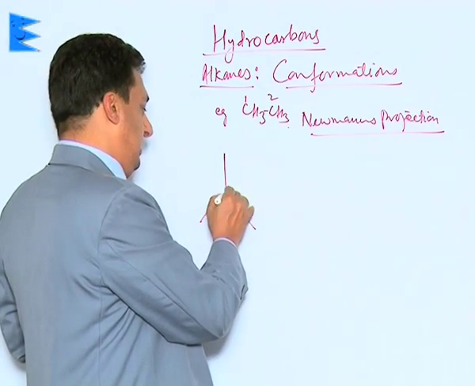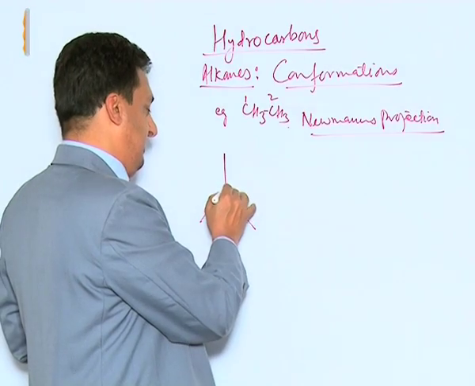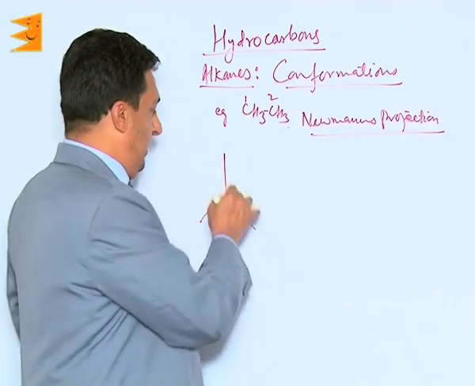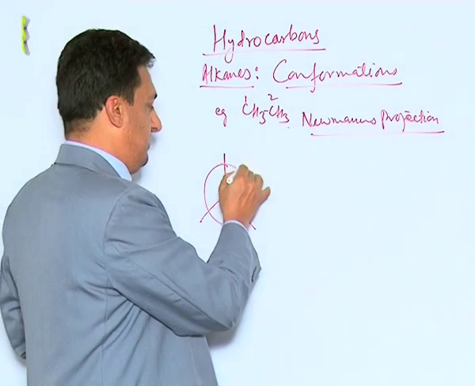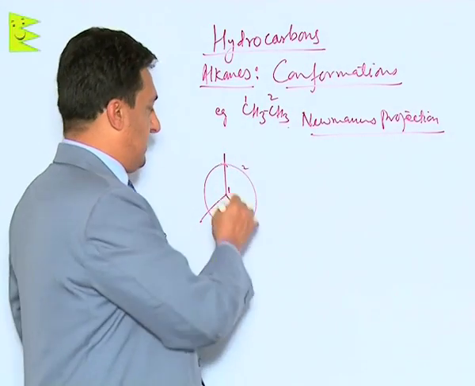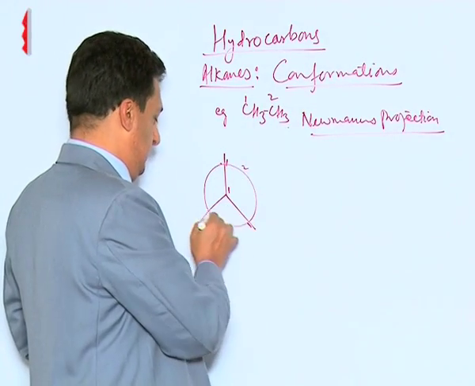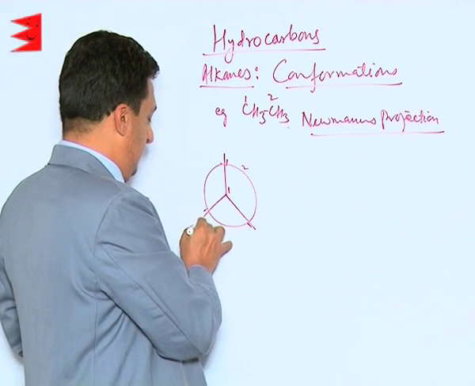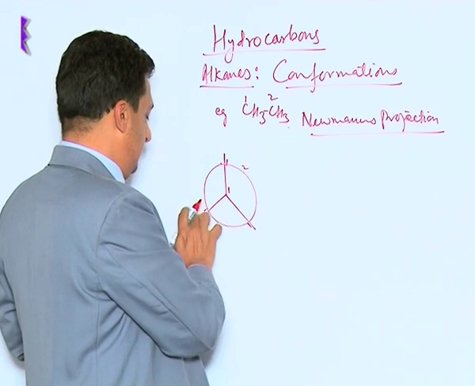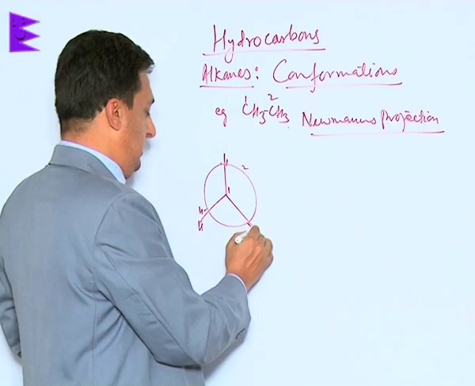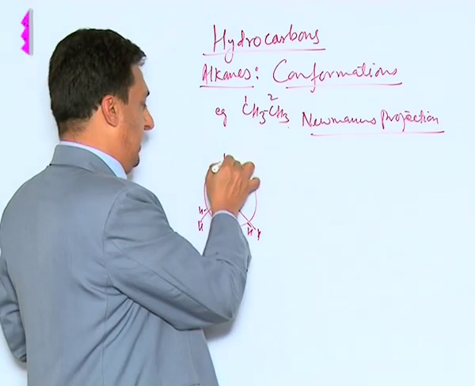The dot where these lines start represents carbon number 1, and then we draw a bigger circle which represents carbon number 2. This carbon number 2 also has 3 such lines. These are the 3 hydrogens each of these two carbons has.